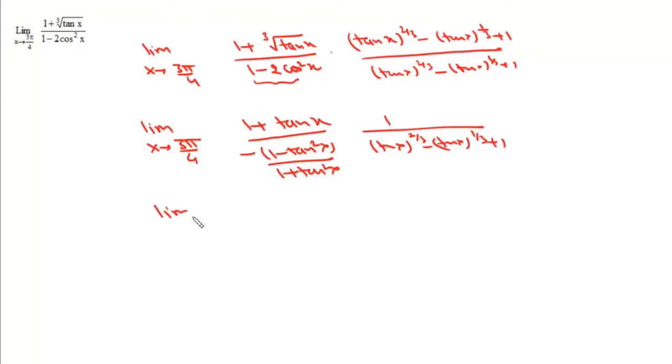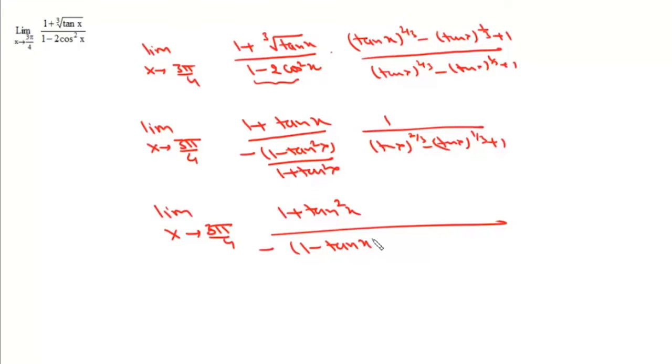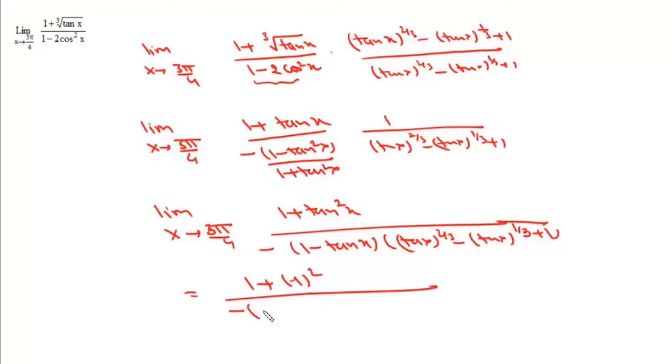So we can write this as limit x tends to 3 pi by 4, (1 + tan² x), and this is minus, and here will be (1 − tan x) and then (tan x)^(2/3) minus (tan x)^(1/3) plus 1. Now if we put x as 3 pi by 4, we'll get this as 1 plus minus 1 square, and here will be 1 minus minus 1, 2, and this will be 6. So value of this limit will be simply minus 1 by 3.